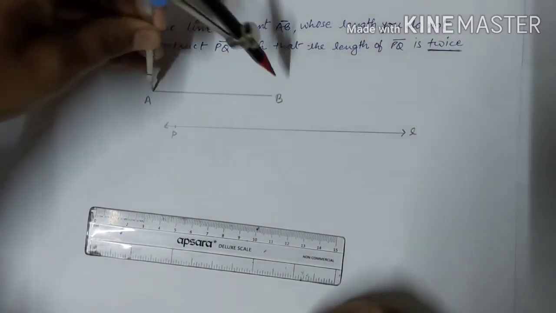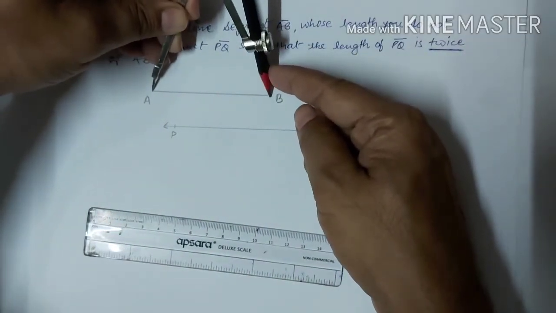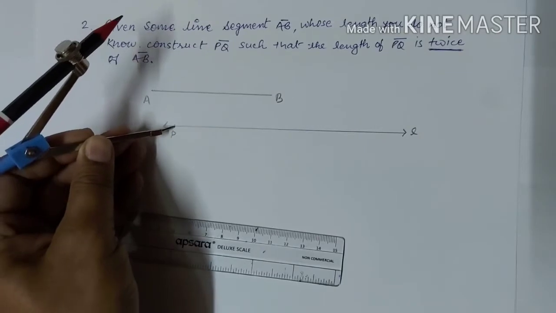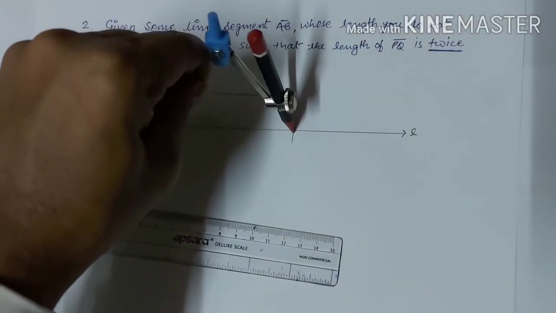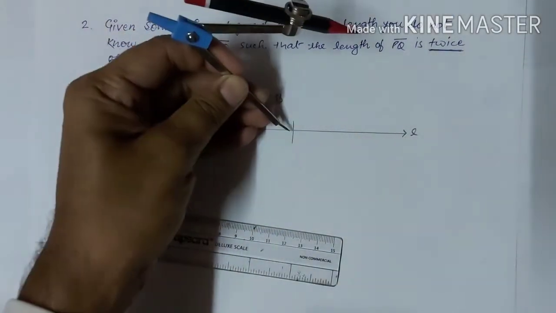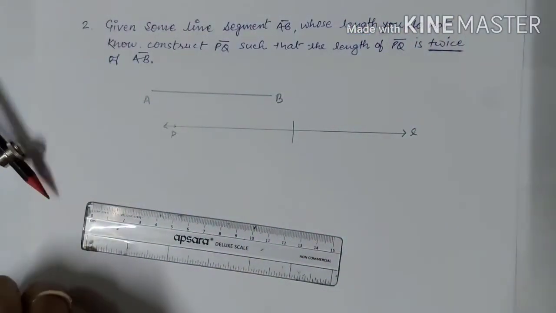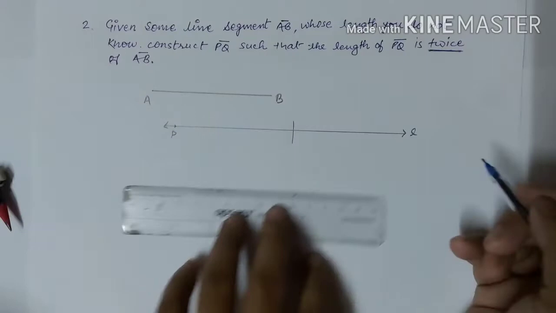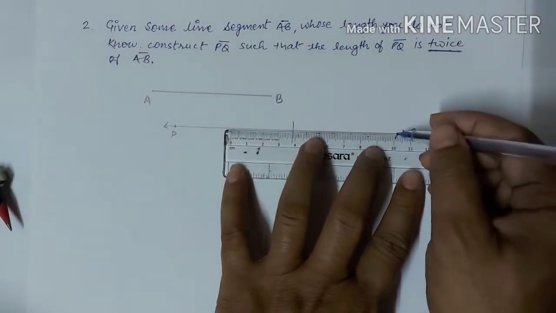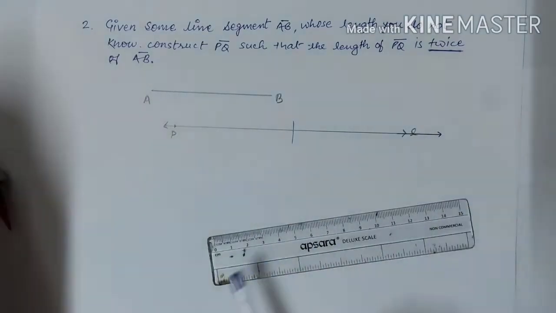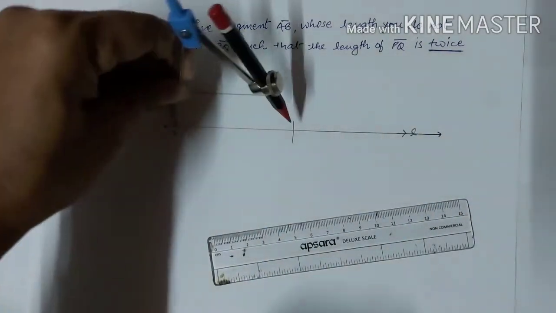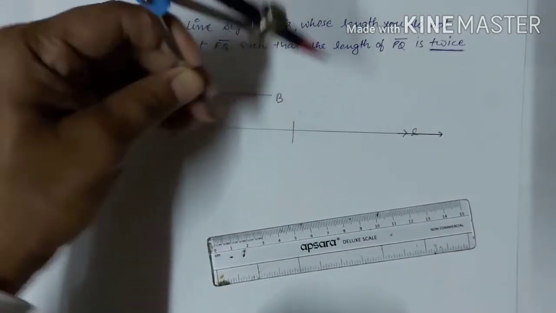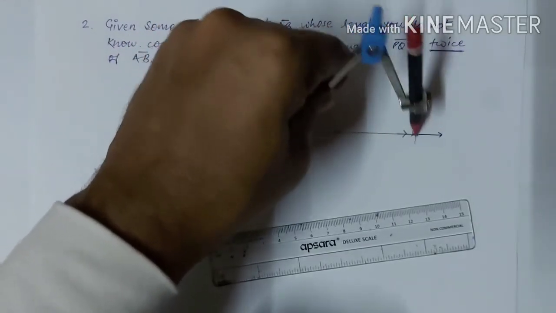Similarly to the previous question, pointer on A and pencil end on B. Okay, now pointer on P and make the first cut, and then the second cut further along. Now we will extend the line segment, and the first cut is here and the second cut will be here.